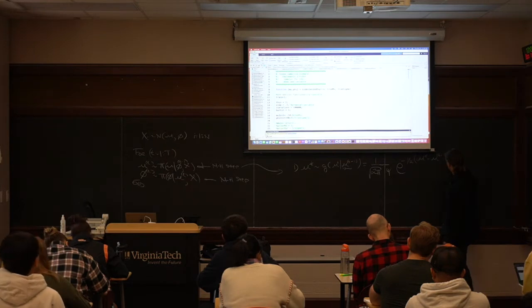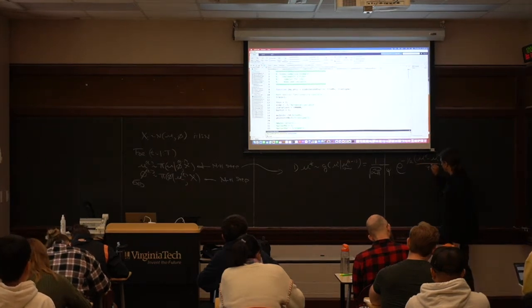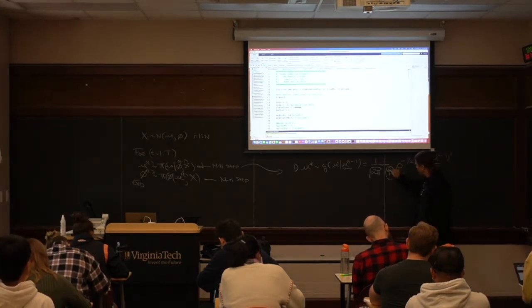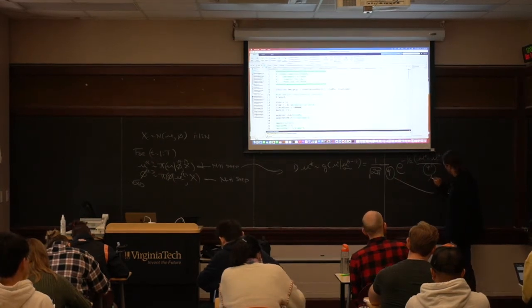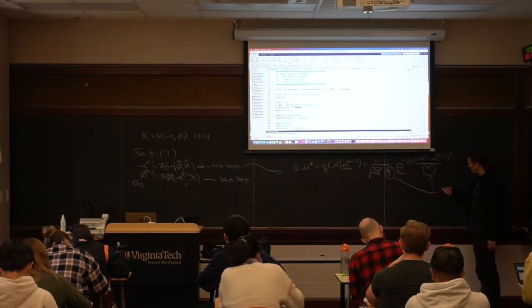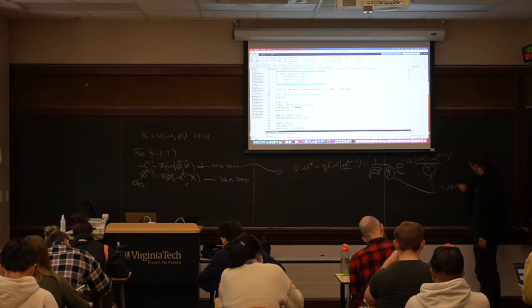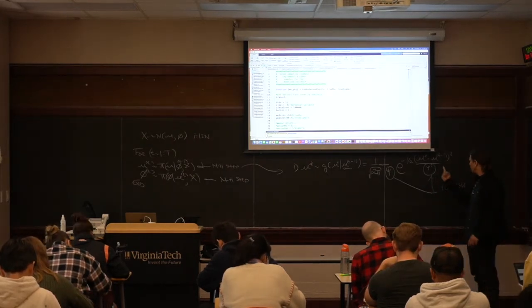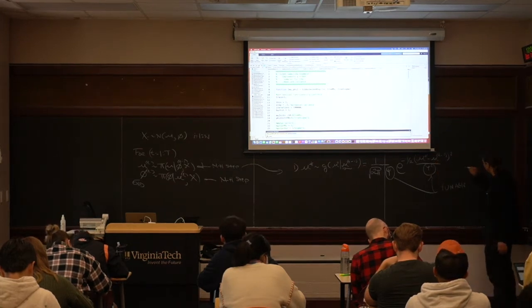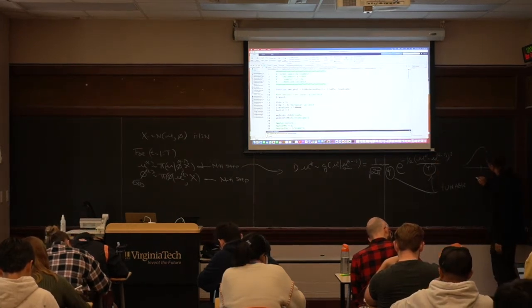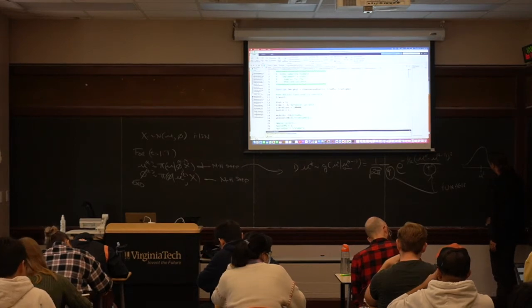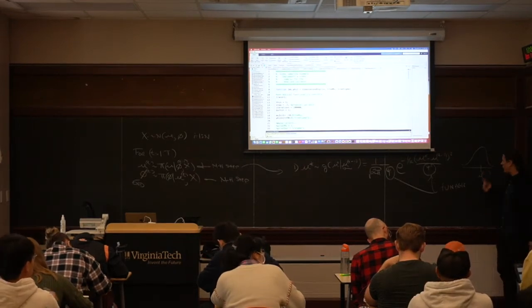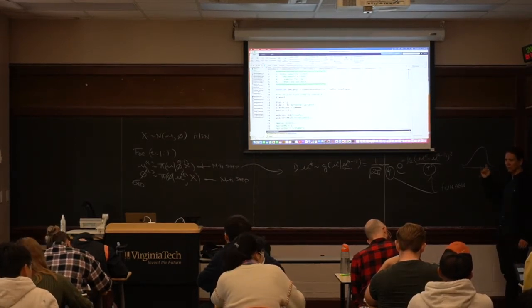mu t minus 1 squared over psi squared. So this is tunable, and it tells us how far away from our previous location we want to step. So we're centered here. This is a normal distribution centered at your previous location, and I'm willing to propose values based off of this normal distribution.